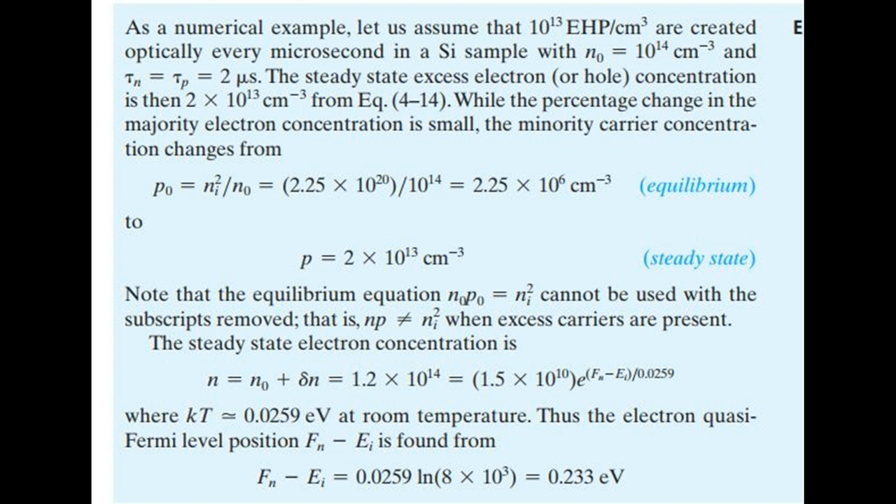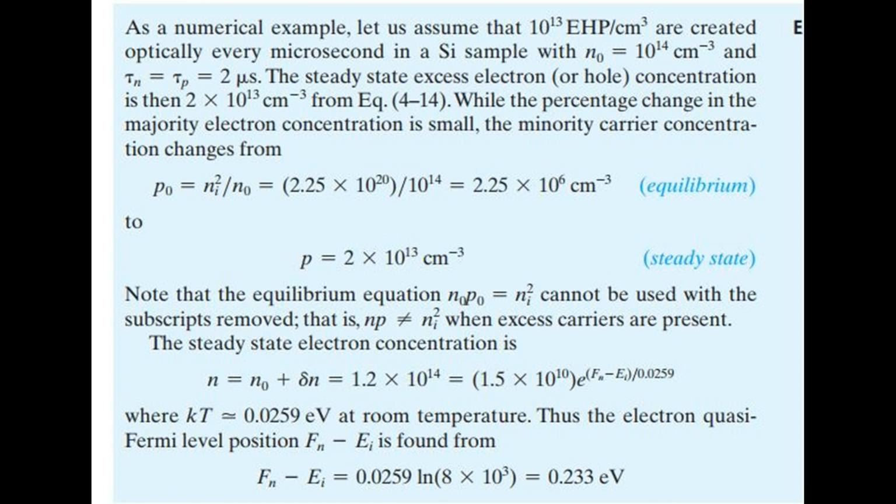Thus the electron quasi-Fermi level position Fn minus Ei is found from the expression for n. Fn lies 0.233 electron volts above the intrinsic level. By a similar calculation, the hole quasi-Fermi level lies 0.186 electron volts below Ei, Fig. 4.11.